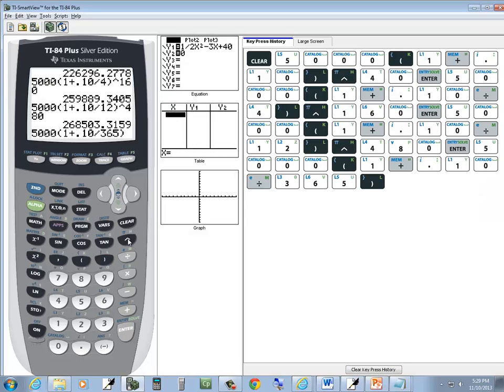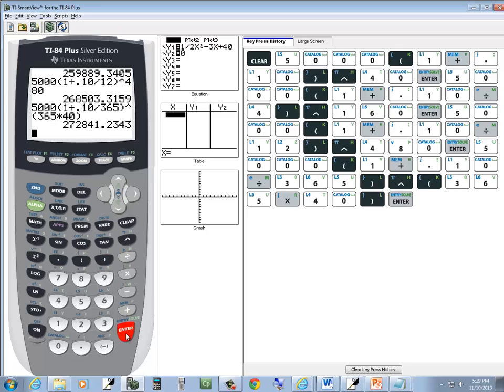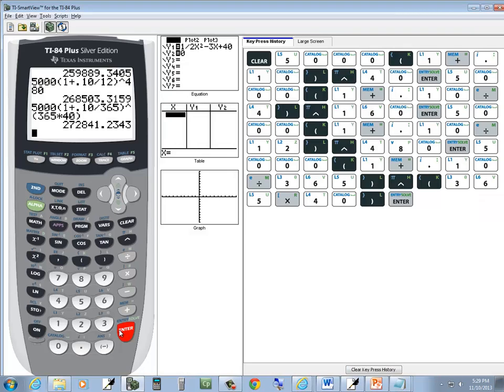Close parentheses, caret for the power, and then put a beginning parentheses and 365 times 40. And I'll go ahead and put a closing parentheses on the exponent, but you don't have to have them at the very end. And then press enter. Which gives us 272,841.23.